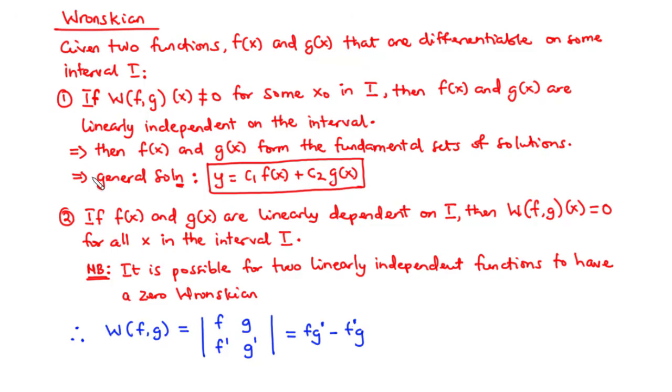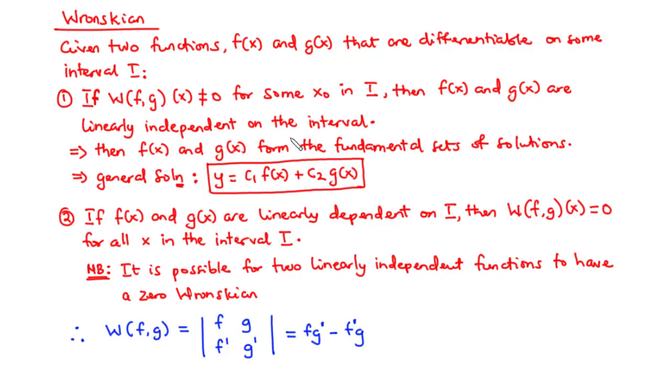Now let's try to understand these two cases. Case 1: given two functions f of x and g of x that are differentiable on some interval I, if the Wronskian is not equal to 0 for some x naught in the interval, then the two functions f of x and g of x are said to be linearly independent on the interval.